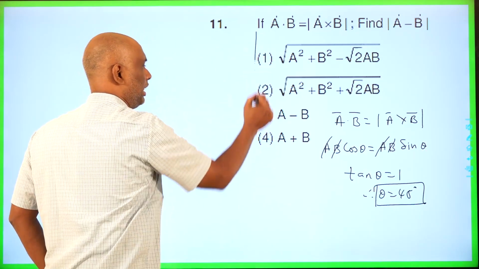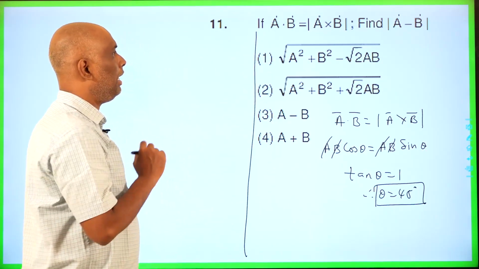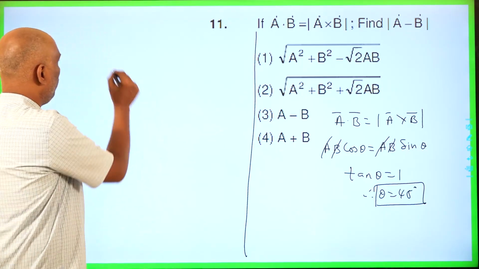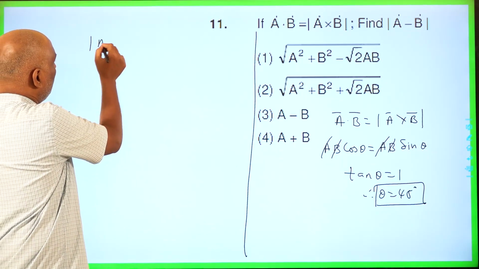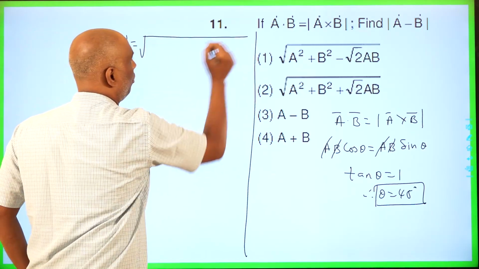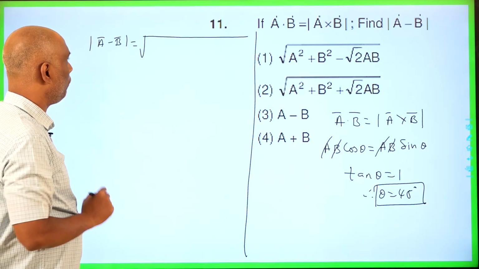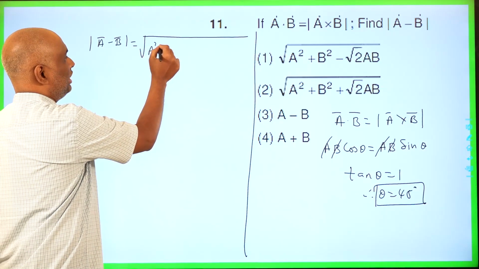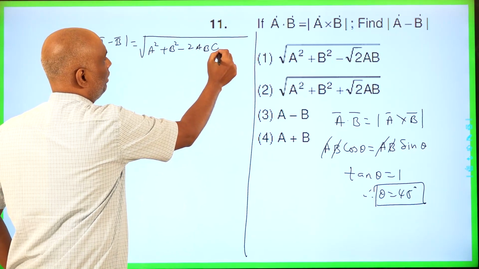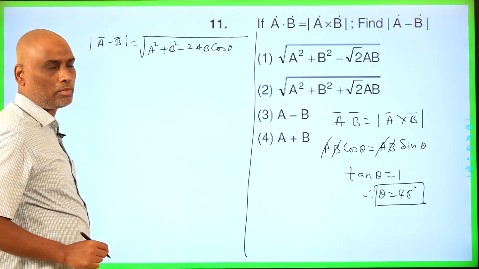Once we got theta equal to 45 degrees, now they are asking to find out modulus of A bar minus B bar. So, modulus of A bar minus B bar according to parallelogram law will be equal to under root of A square plus B square minus 2AB cos theta.